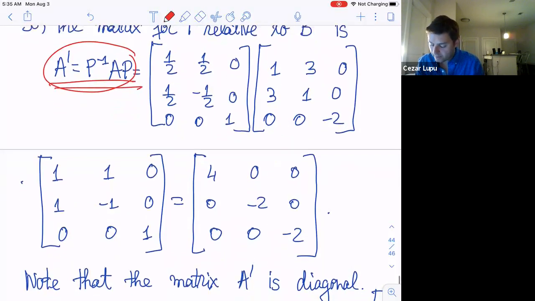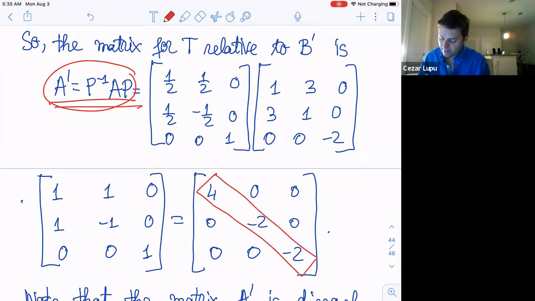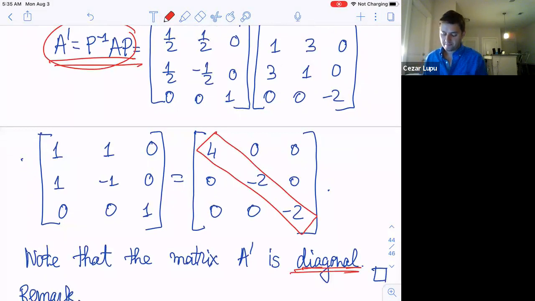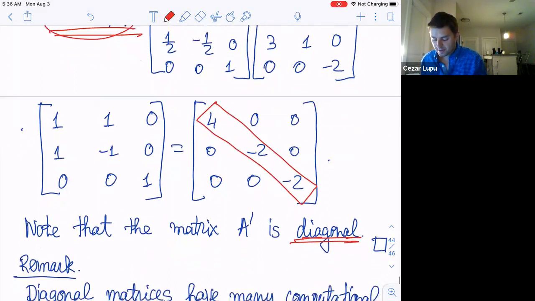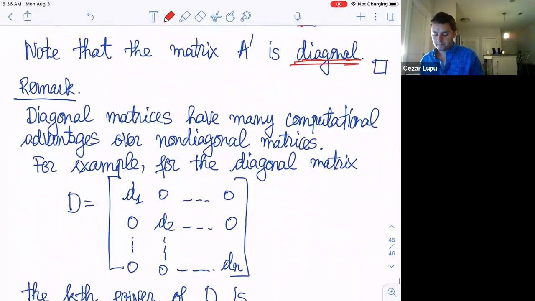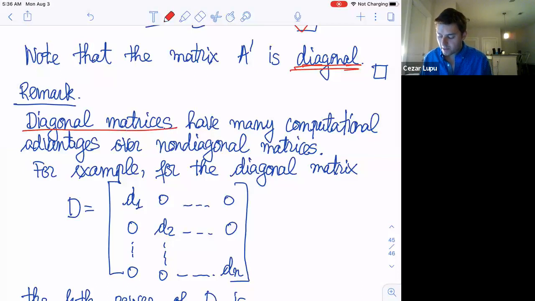And now note something about this matrix A prime, you see? This matrix is diagonal. Well, that's it. Now let me point out a remark here. Diagonal matrices have many computational advantages. That's why I want diagonal matrices.